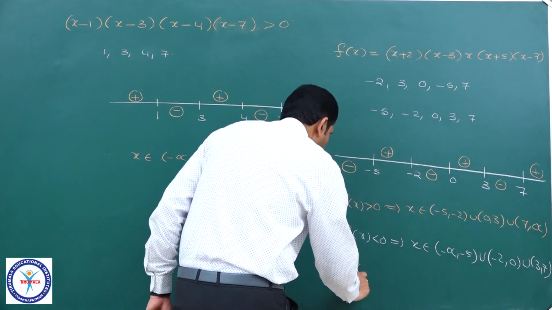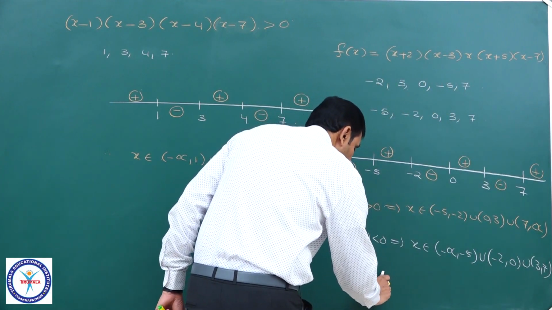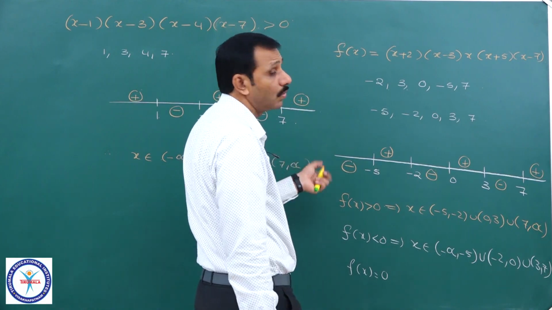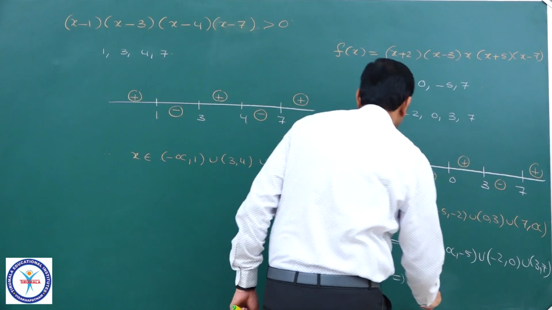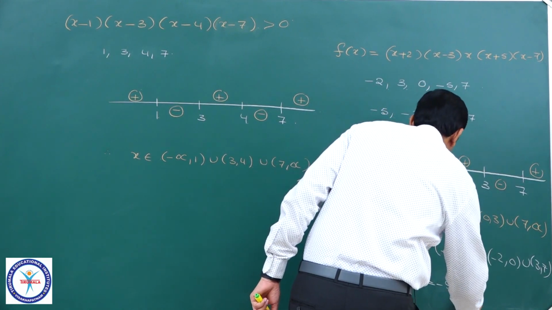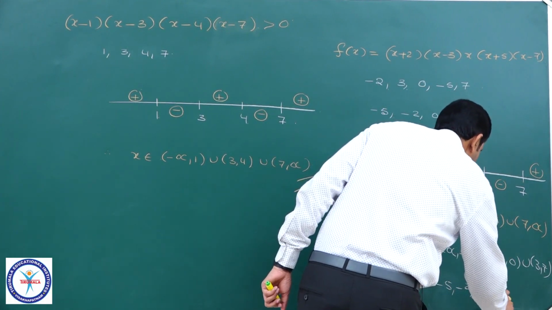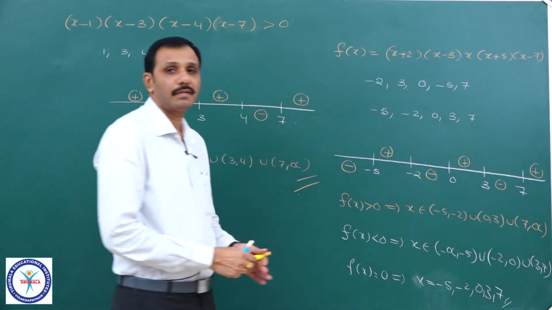And where it is equal to 0? The zeros of the polynomial are roots of the equation. That implies x is equal to minus 5, minus 2, 0, 3, 7. That's all.